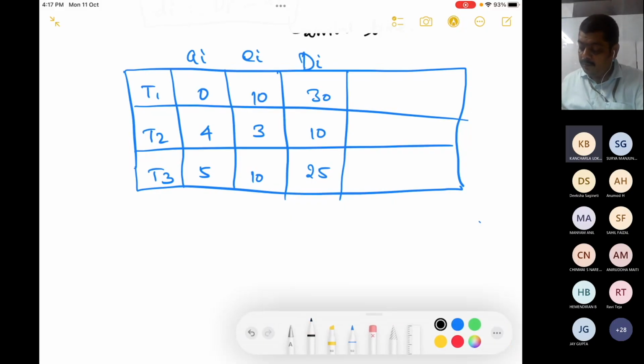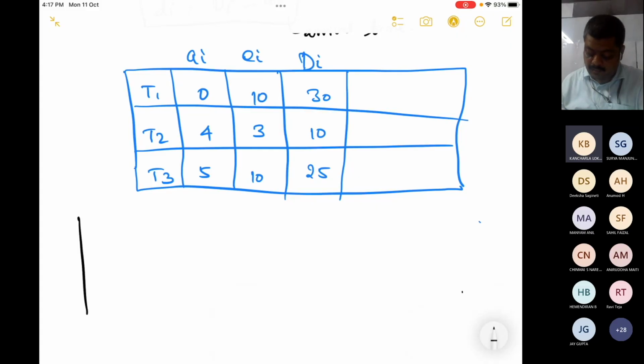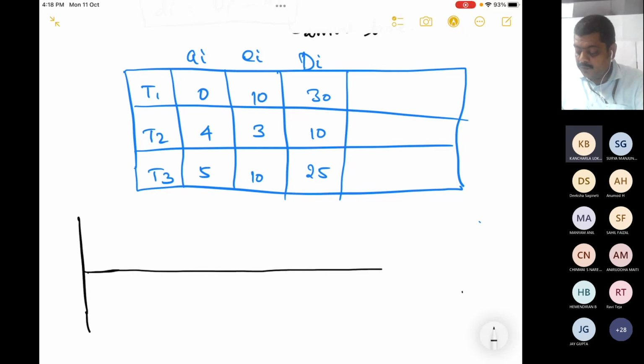Now let me draw. There is no LCM here, because we are not going to compile everything, so everything will be happening at runtime. The system scheduler designs how this can be done.